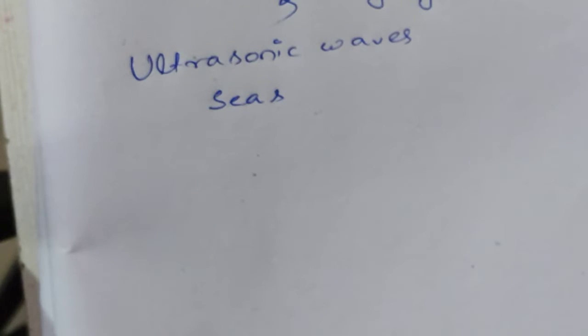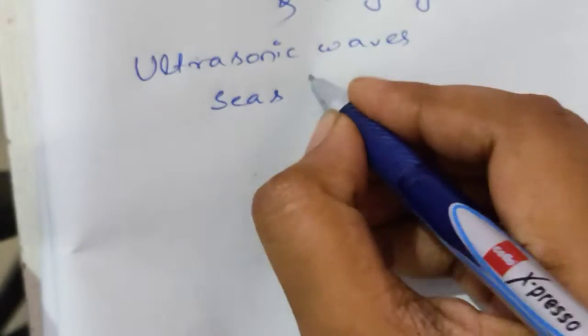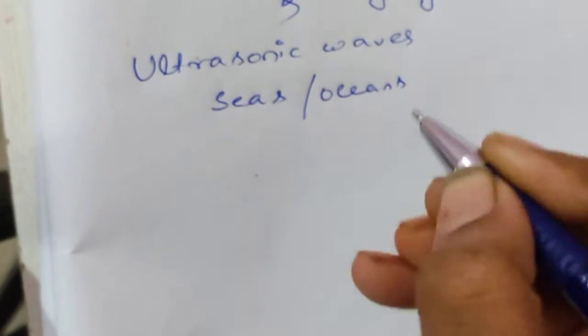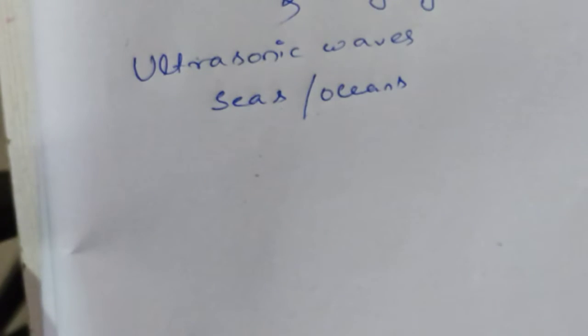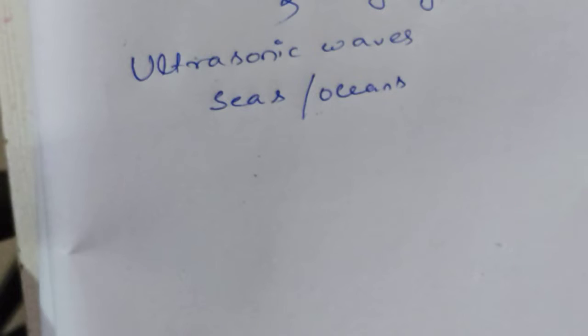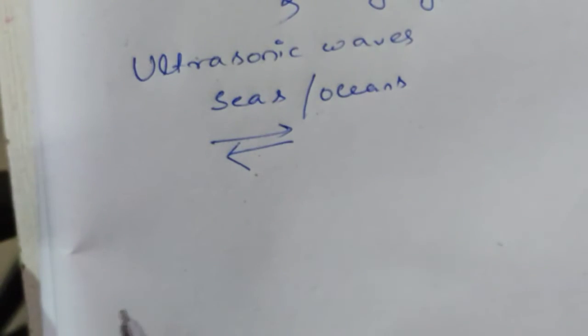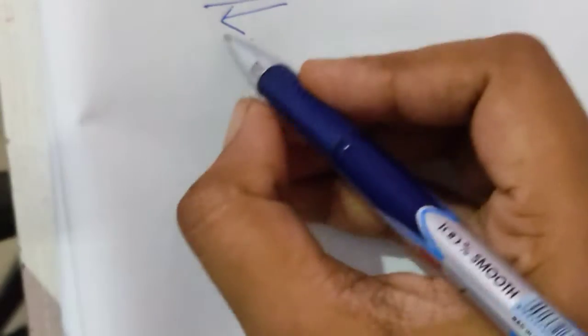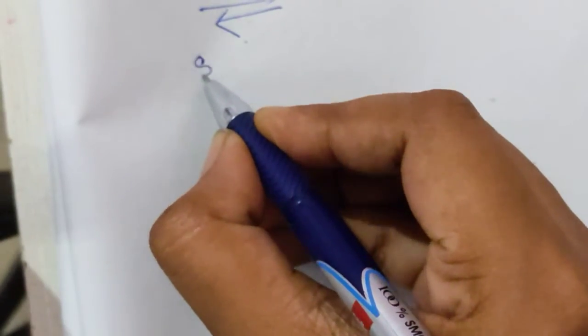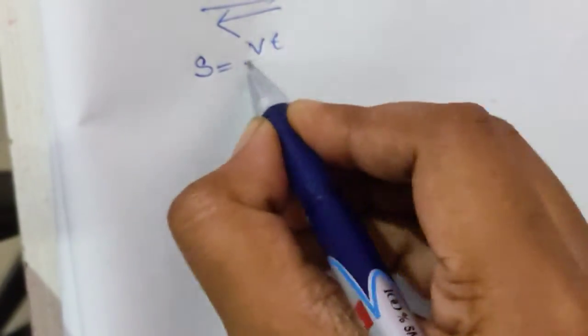When they are transmitted through seas or oceans, they will hit some submerged rock, hill areas or submarines, and will reflect back and be received at one point. By noting the time interval from transmission to receiving, we can find the distance s equal to vt by 2.